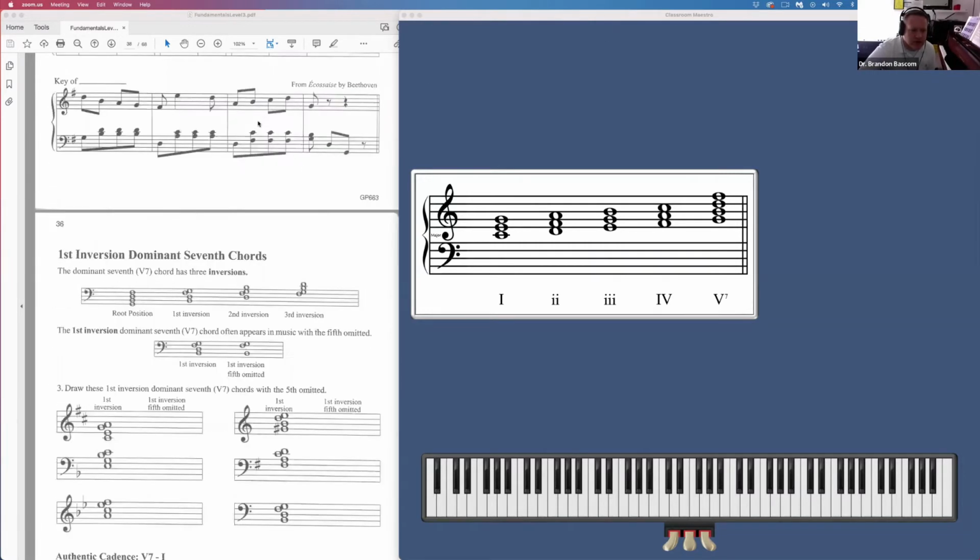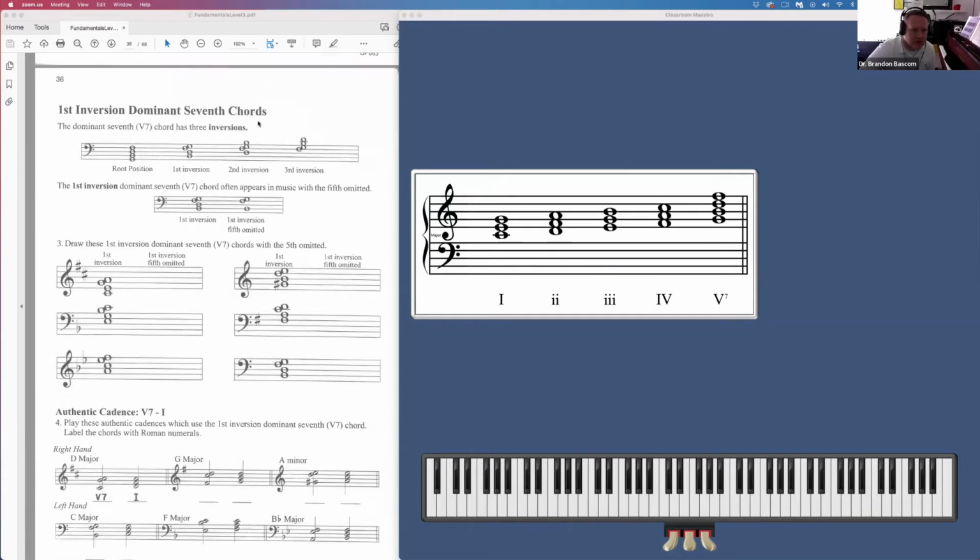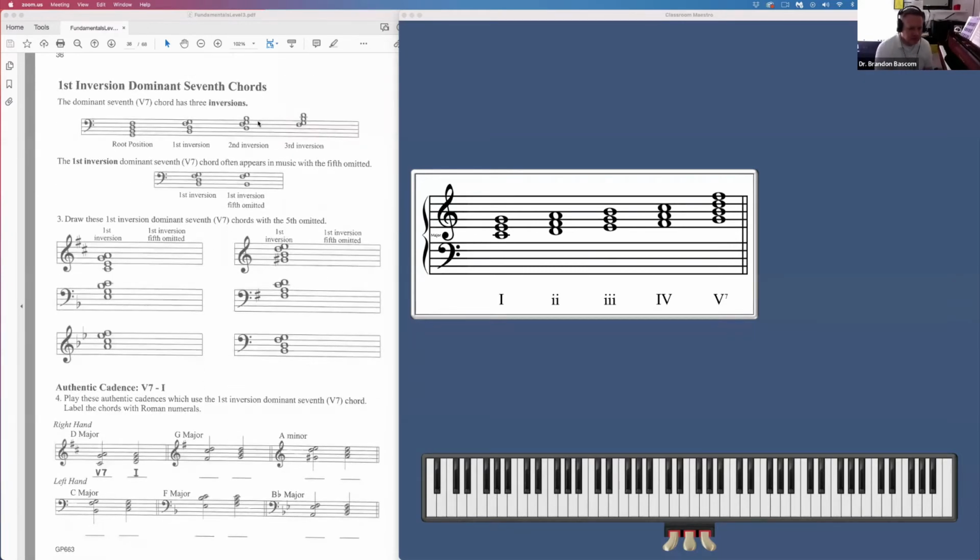On page 36, we are going over the first inversion. The dominant seventh, because there are 4 notes, has 3 inversions. We have root position, put the bottom note on top and we get first inversion. Put the first inversion's bottom note on top and we get second inversion.